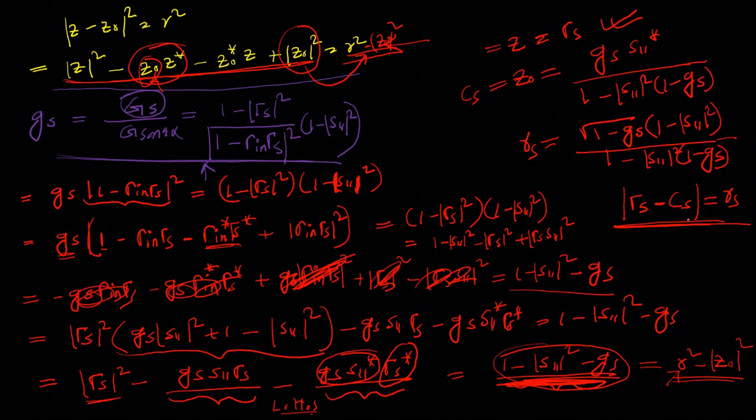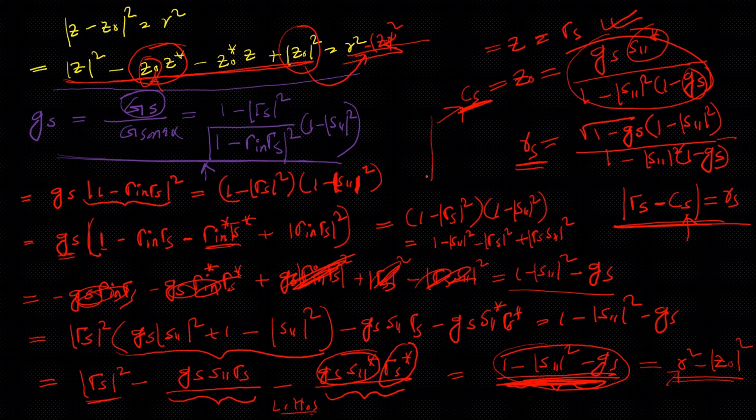Now I have the equation for the center, and it needs the S11 value. GS is a normalized value which I derived from the specified gain. Everything I have actually. Because the transistor S parameters will be given in my data sheet, I can get the value for my center CS and also for my radius.